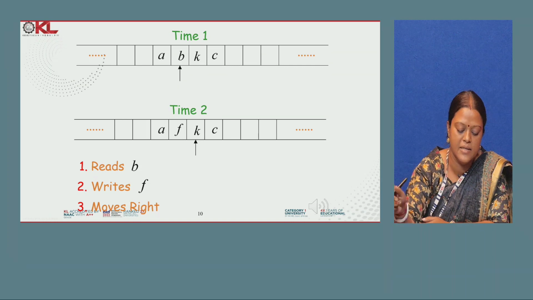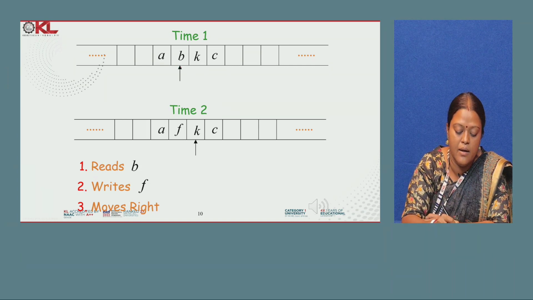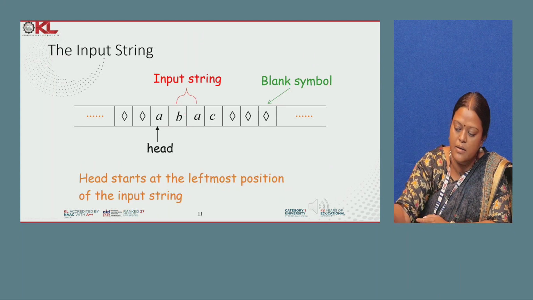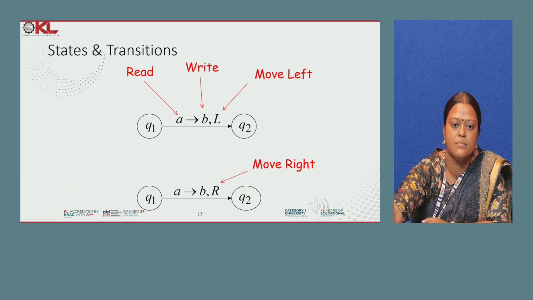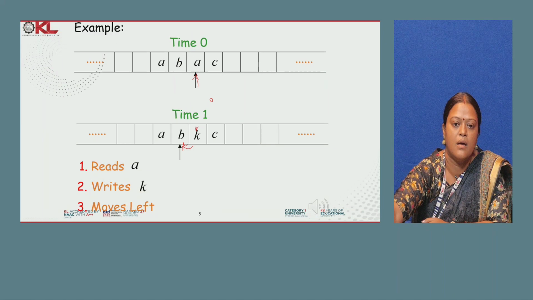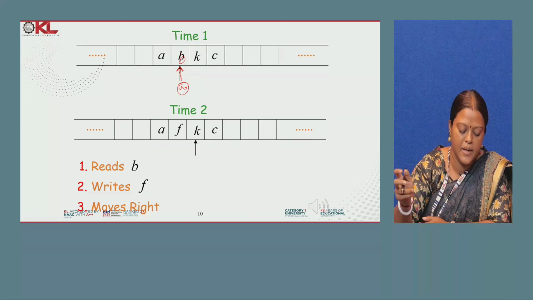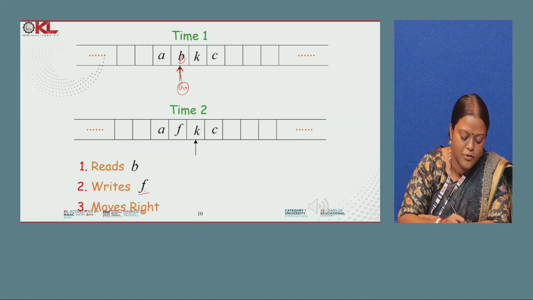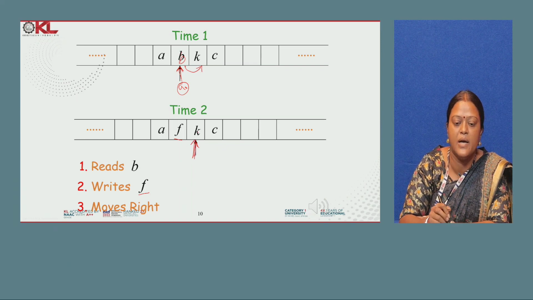Now suppose in this example we are pointing to the symbol B, with some state. Here this B is replaced by F, that is in place of B we are writing F, and we are moving to the right direction, one cell this side. Now our read write head is pointing to this symbol, that is under the read write head we have the symbol K.